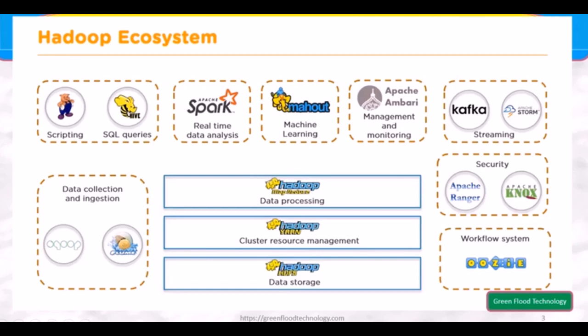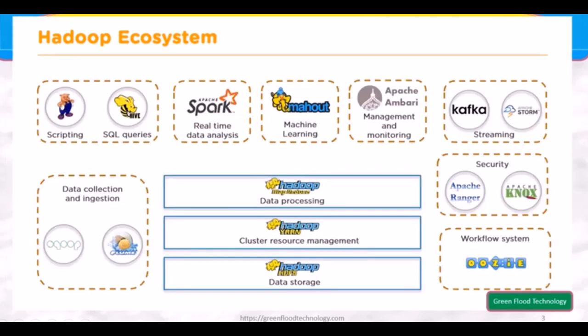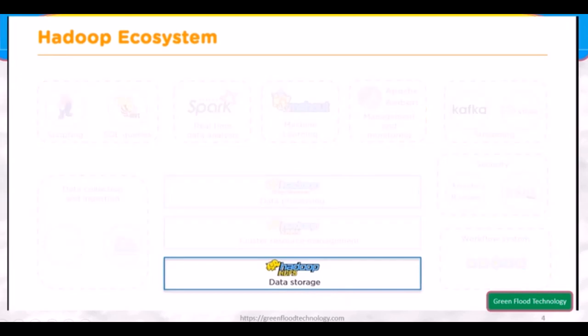Hadoop is an open source framework that allows distributed processing of large data sets across a cluster of commodity hardware. HDFS is the Hadoop Distributed File System, a distributed storage and file system used by Hadoop applications.